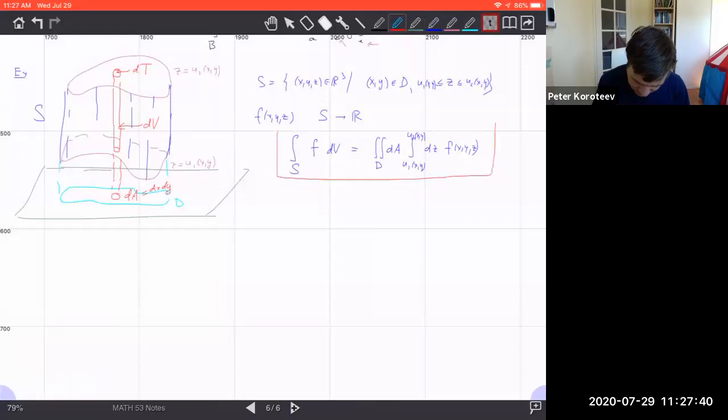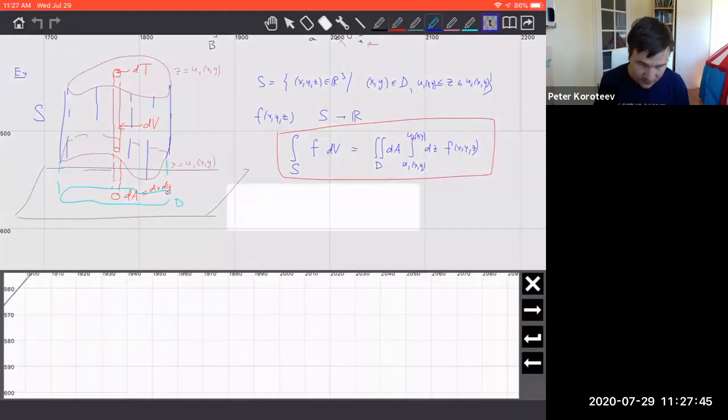That simplification applies if the projection onto the xy plane is a simple shape.